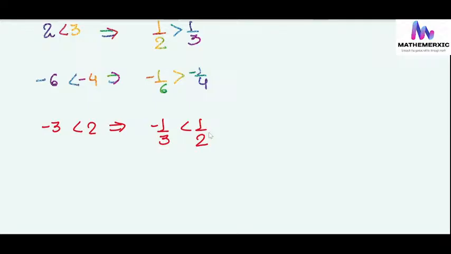Minus 3, because negative, the sign should change here. Minus 3 is less than 2. Then 1 by minus 3 is less than half.